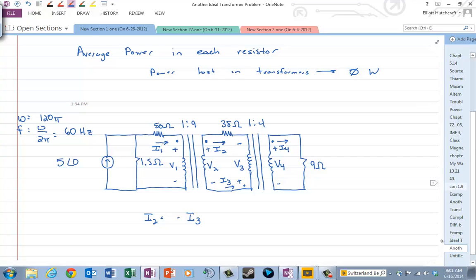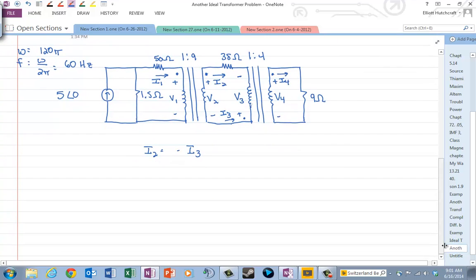Okay, the other thing, since we've set up the transformers like they are in the book, then we can go ahead and say, okay, well, V2 over V1 is 9 over 1, which is N2 over N1, and V4 over V3 is 4 over 1, and we can also do the opposite for the currents.